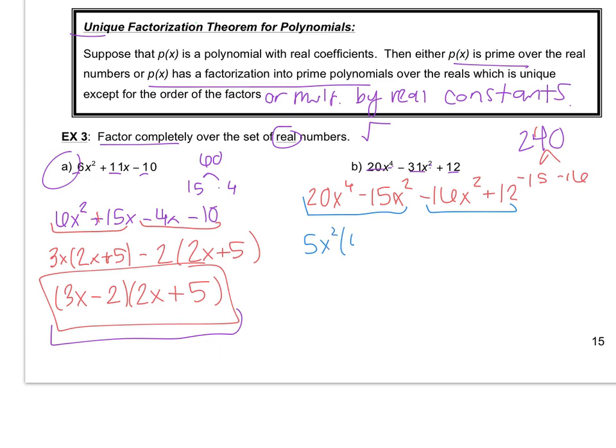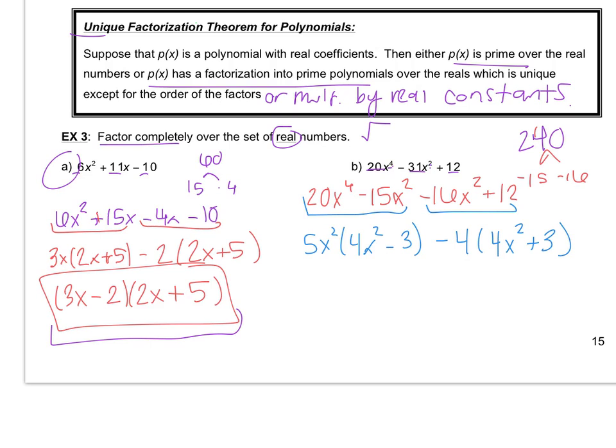That leaves me with 4x squared minus 3. Out of my second group we need to factor out a negative 4, and that leaves me with 4x squared minus 3, just what you wanted.